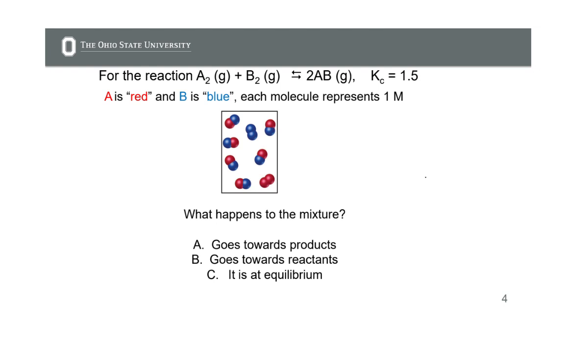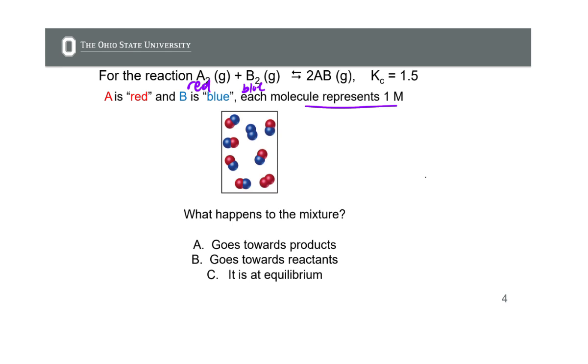And we have in this box a red molecule that represents A2, and then a blue molecule that represents B2, and then 2 AB is formed. So that's one blue sphere attached to one red sphere. If we assume that each molecule in this box represents 1 mole per liter, we can determine if this reaction mixture is at equilibrium, basically by counting up the number of A2, the number of B2, and the number of AB.